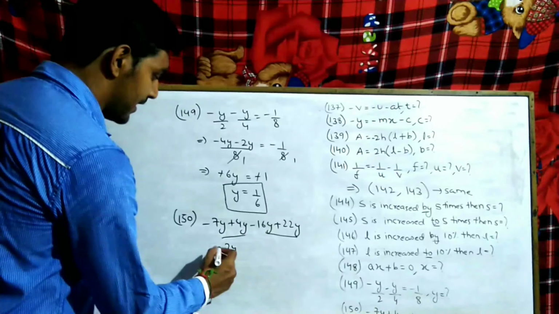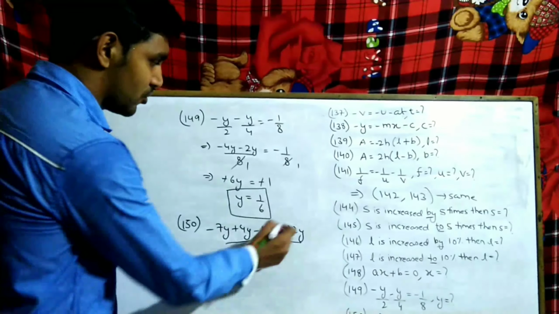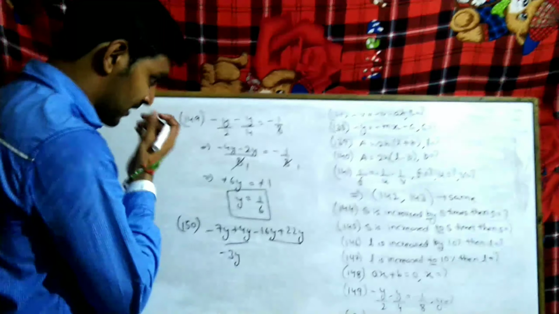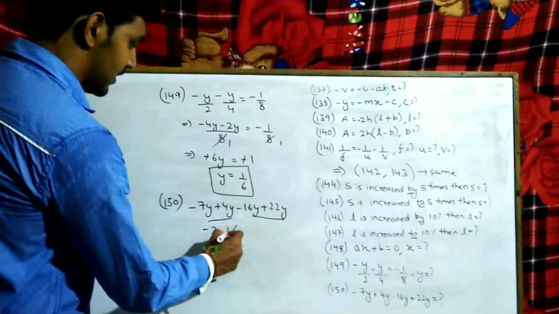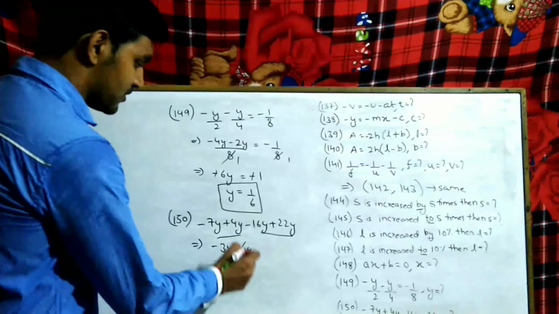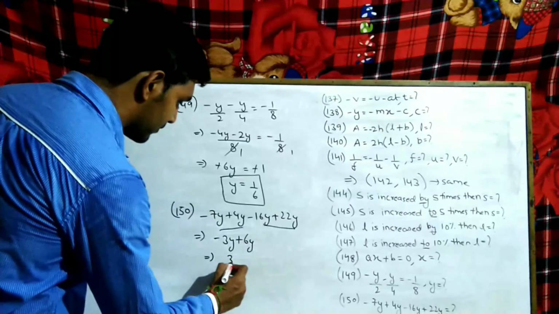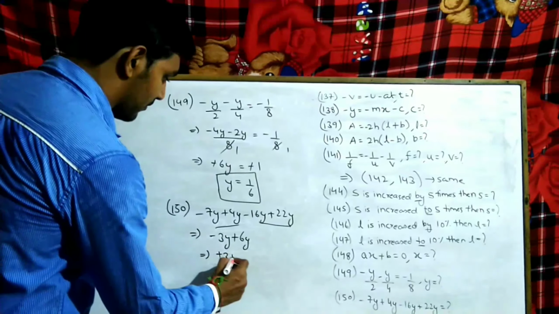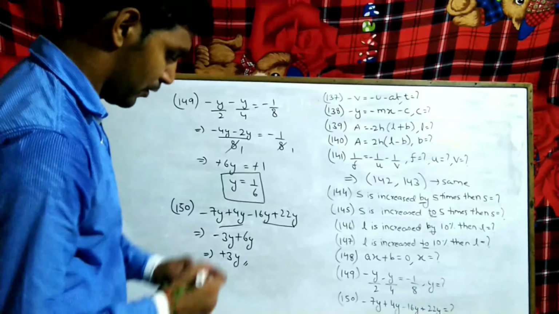Which sign will come? Minus sign. Now again minus 16y plus 22y, 22 minus 16 is 6y. Which sign will come? Plus sign, because 22 is bigger than 16. Now minus 3y plus 6y, 6 minus 3 is 3, plus sign, so plus 3y. Clear? So this is the 150 problem.